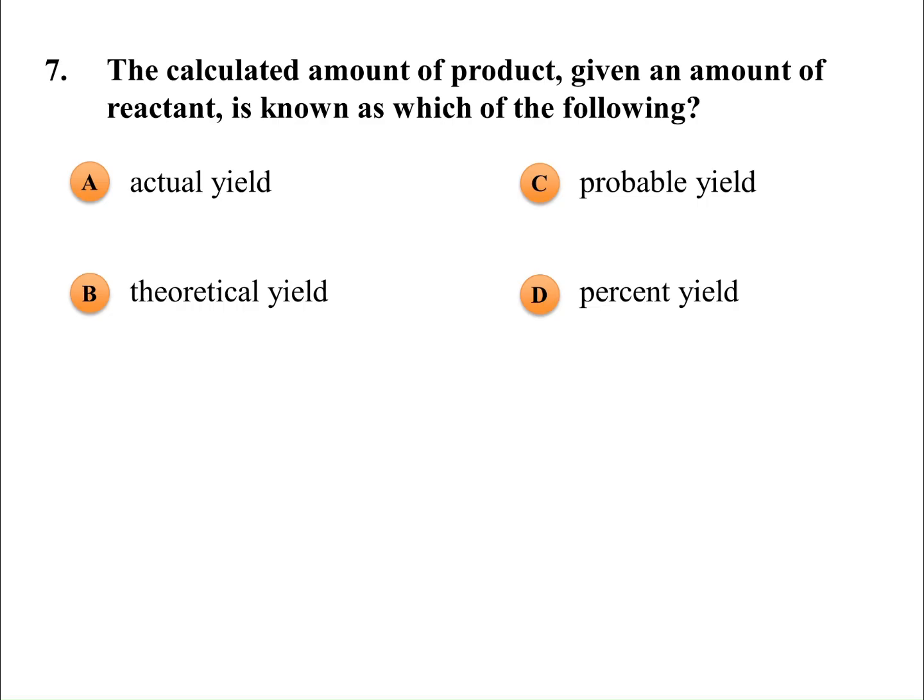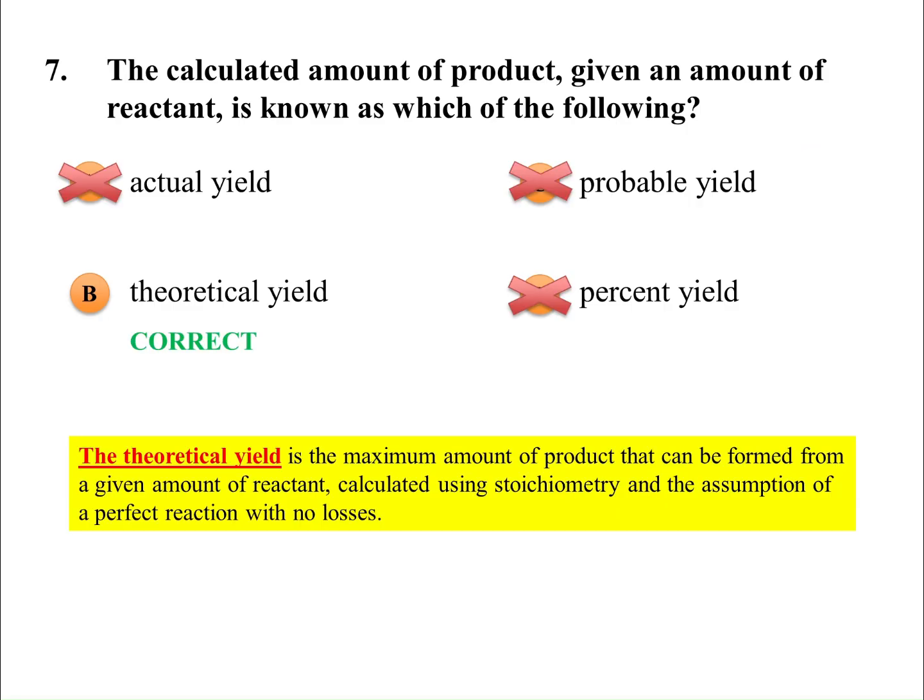The calculated amount of product given an amount of reactant is known as which of the following? The answer is B, theoretical yield.